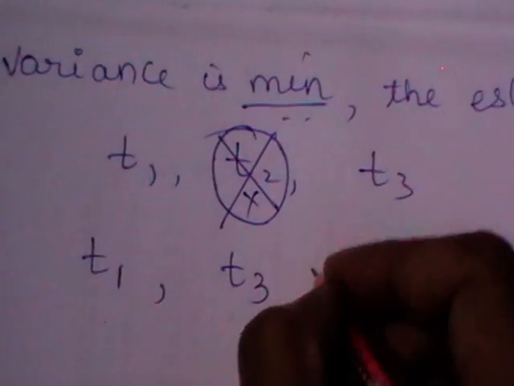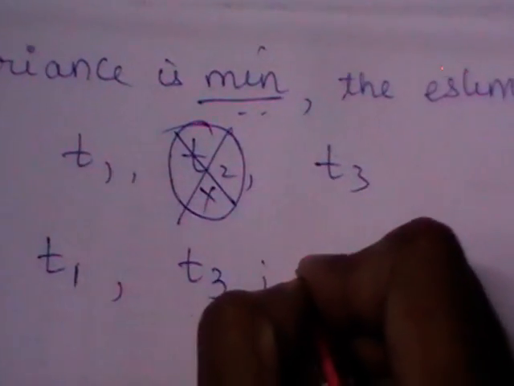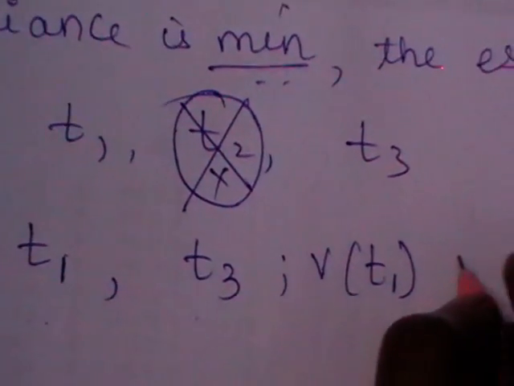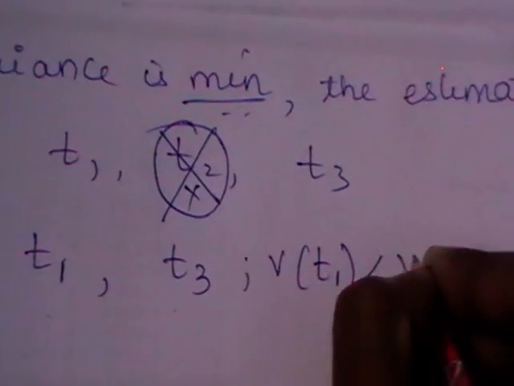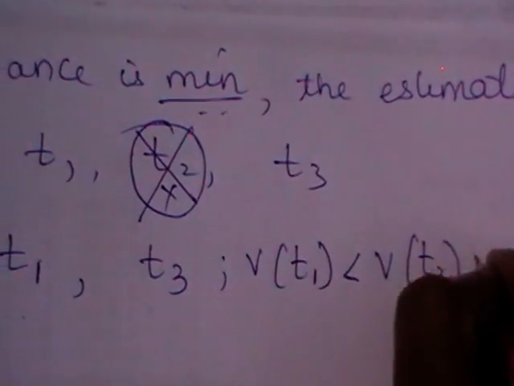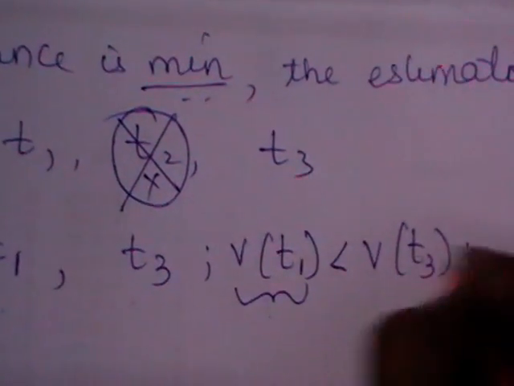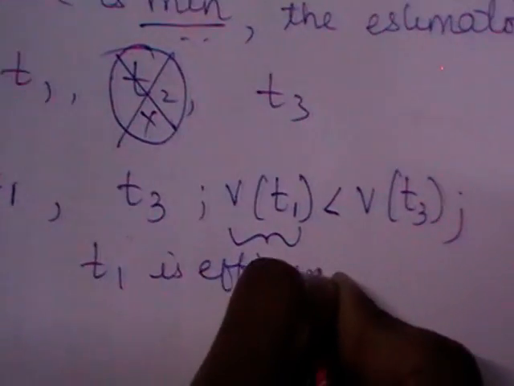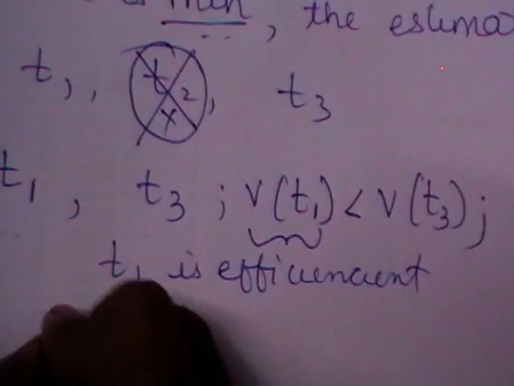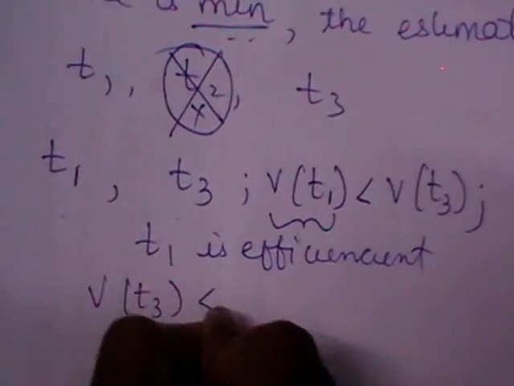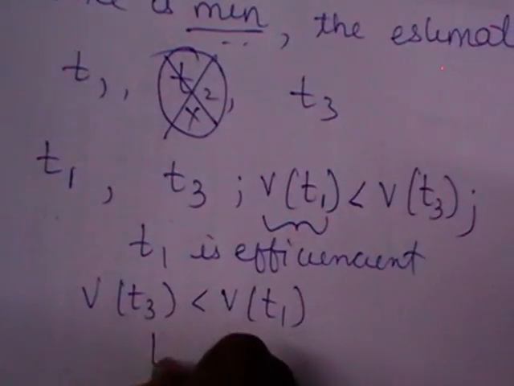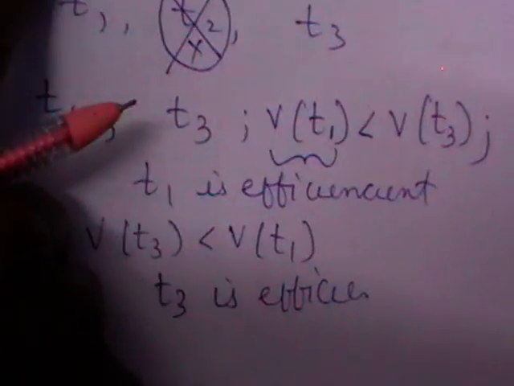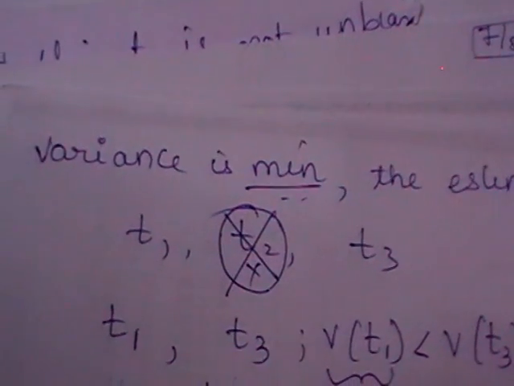Among these, for efficiency you should always calculate variance. If V of T1 is less than V of T3, we call T1 the efficient estimator. If V of T3 is less than V of T1, we call T3 the efficient estimator. What is the condition I said? The one with minimum variance is called the efficient estimator.